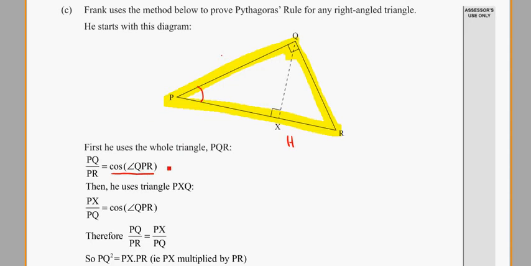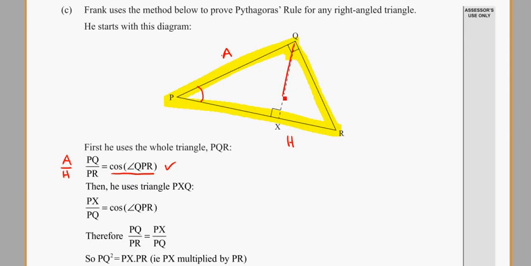Cosine is K, which would be A over H. So let's just check what they're using. Here's my adjacent side, there's the opposite, and there's the hypotenuse. So what they've done is they've found the cosine of this equals A over H. Right, then he uses the smaller triangle PXQ.